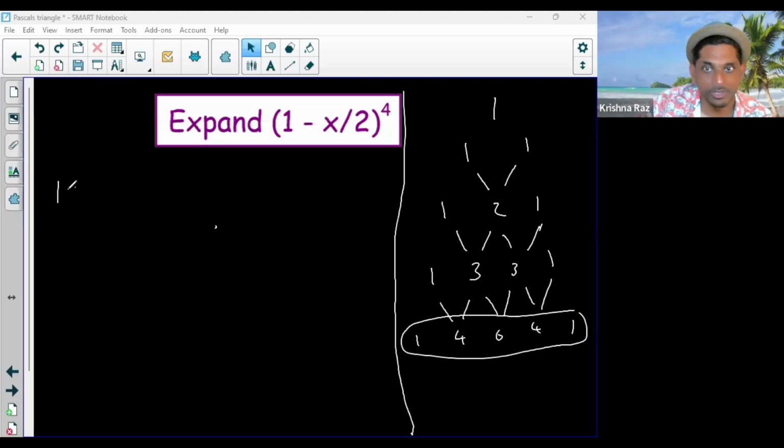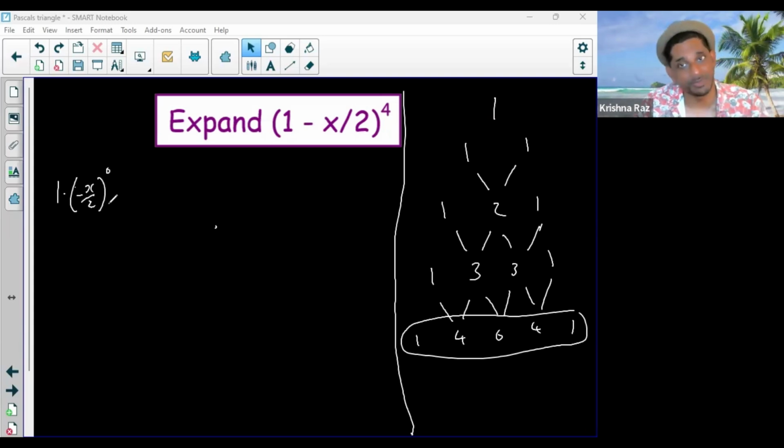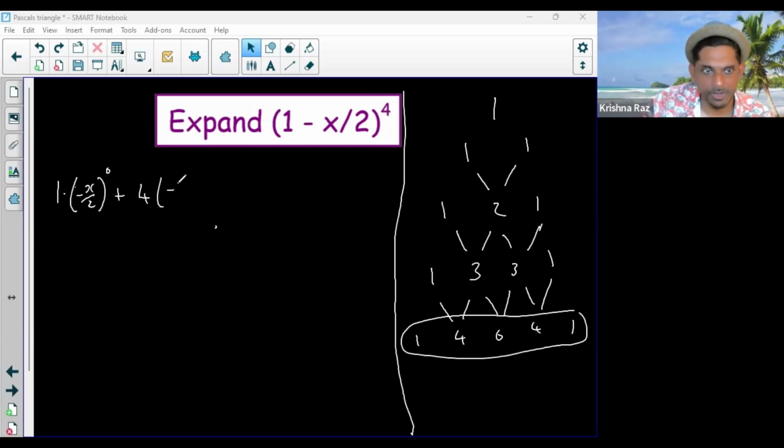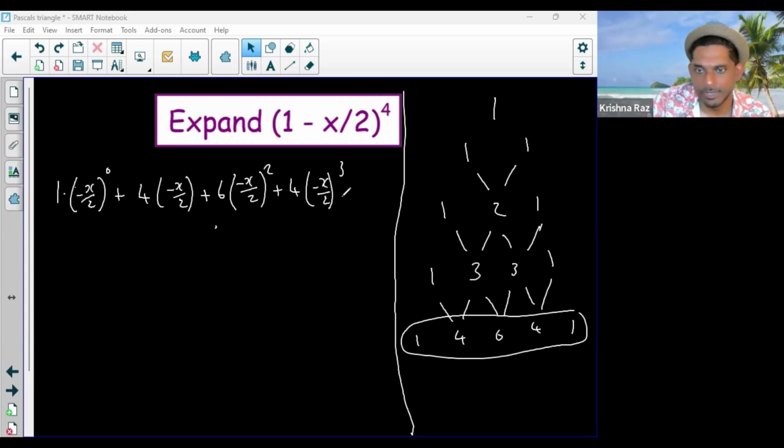So we have 1 times minus x over 2 to the 0, which obviously is 1, because anything to the power 0 is 1. Then we have 4 times minus x over 2 plus 6 times minus x over 2 squared plus 4 times minus x over 2 cubed plus 1 times minus x over 2 to the power 4. So the first term will be 1.